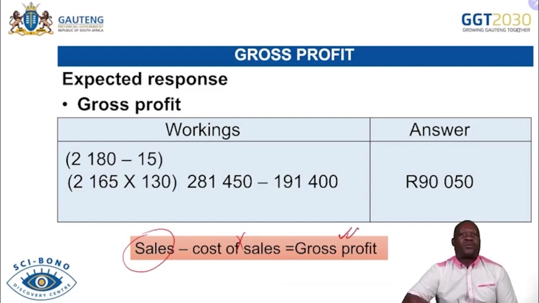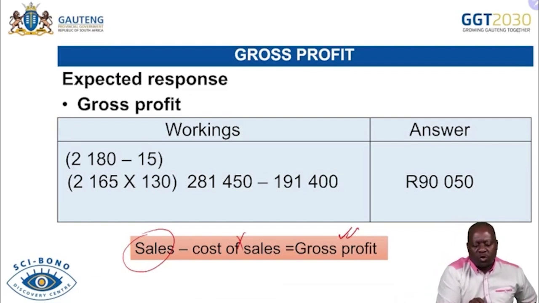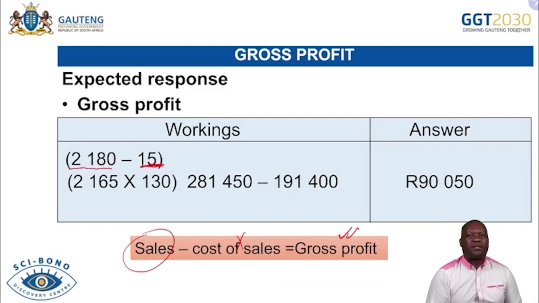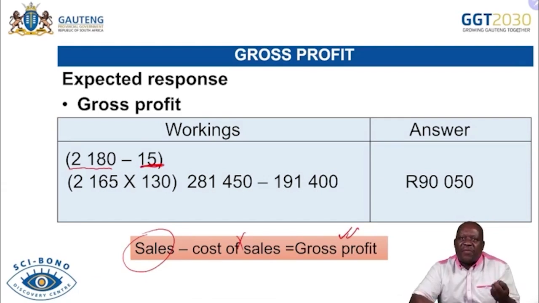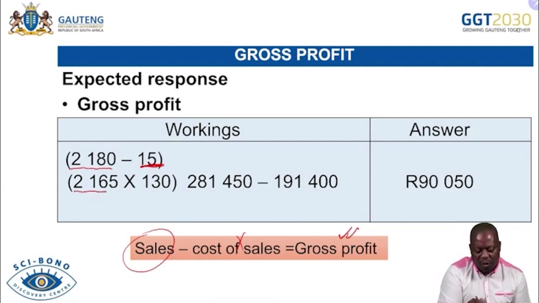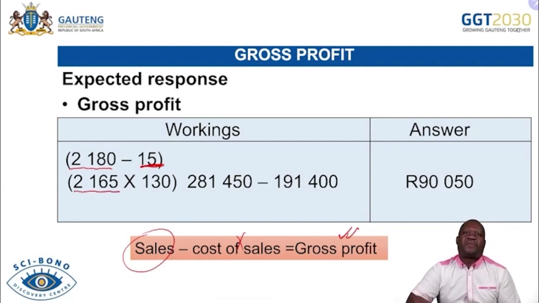Now let's go to sales. Remember, they said we sold 2,180 units. And debtors returned 15 of these. So after selling bags, when bags are returned, it means those bags have not been sold. So in effect, how many bags have we sold? 2,165.